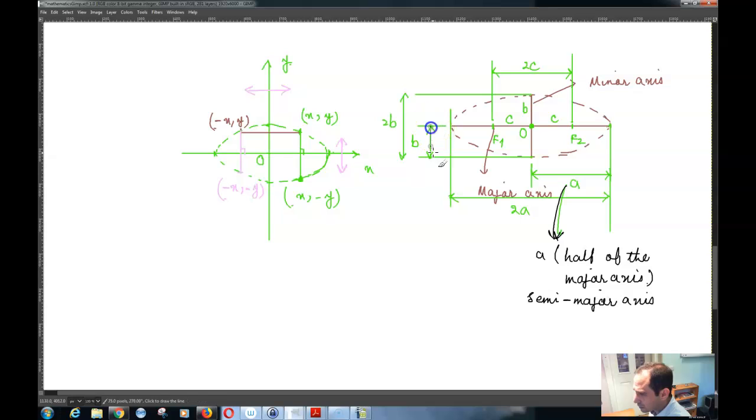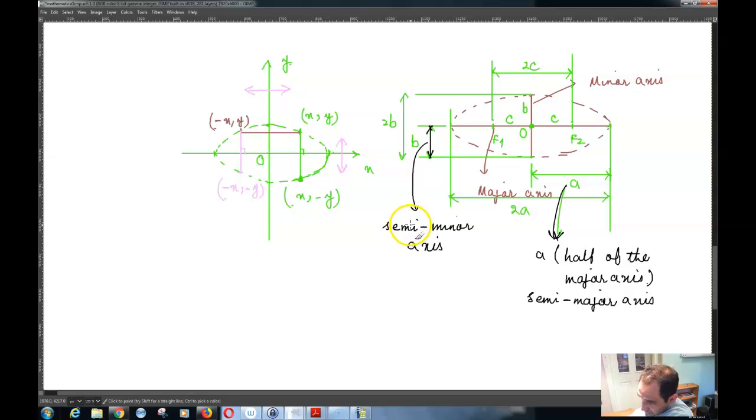And this distance over here, which is half of the minor axis, is called the semi-minor axis.